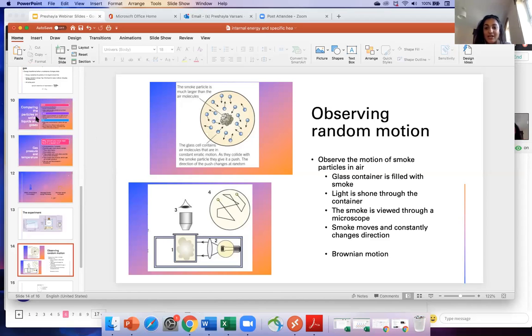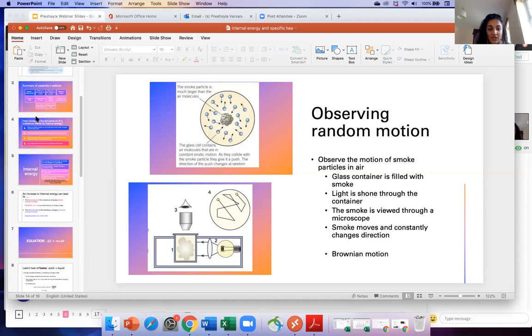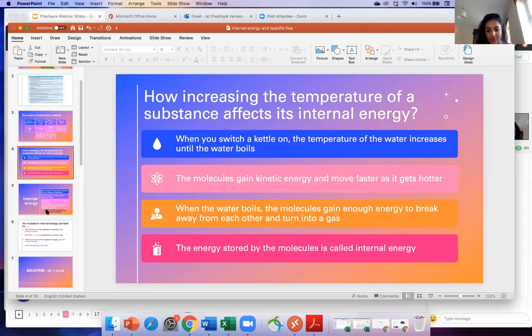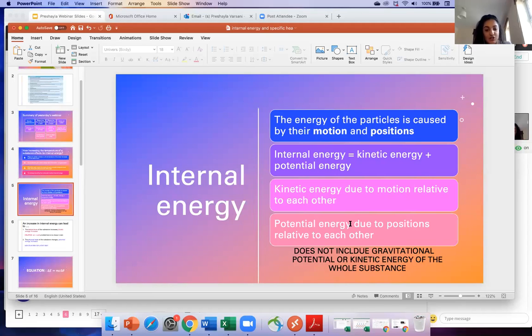It comes from the positions of molecules, due to the positions of the molecules relative to each other. That's what potential energy is, and it's one of the parts that make up internal energy, which again is a new energy.